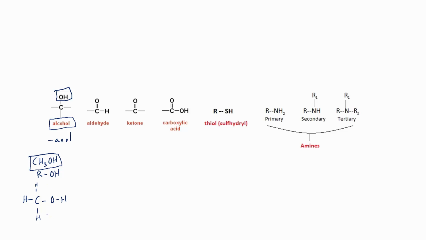This would be called methanol. If we had two carbons attached to an OH group with all of their associated hydrogens, then this would be two carbons, so ethanol.